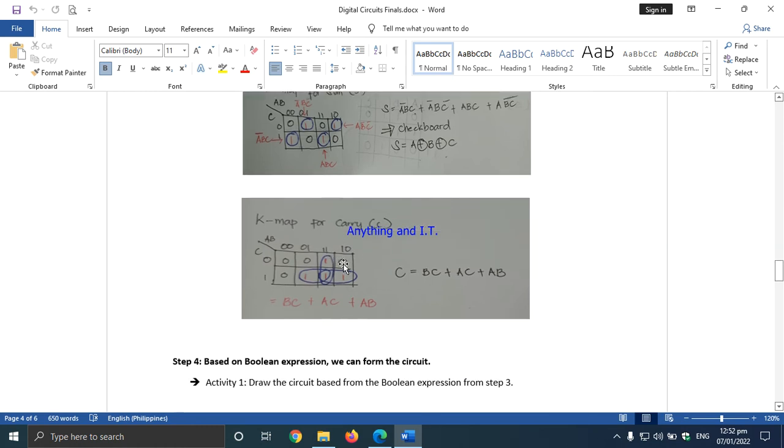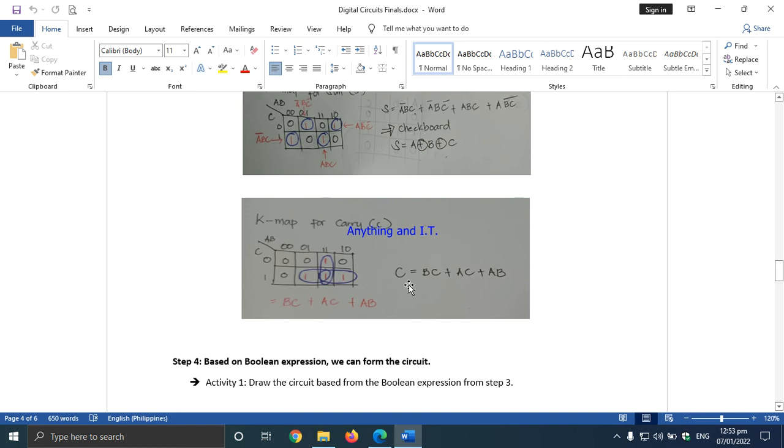Okay, so always remember in K-map, we select the largest possible groupings. So in our case, we have 3 groupings here. Okay, so we have the output as the carryover is equal to BC plus AC plus AB.